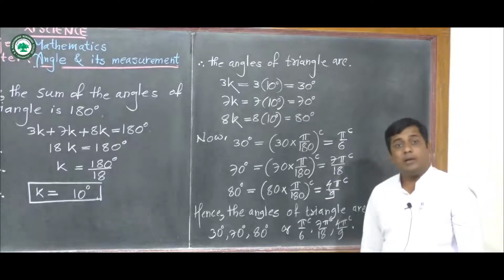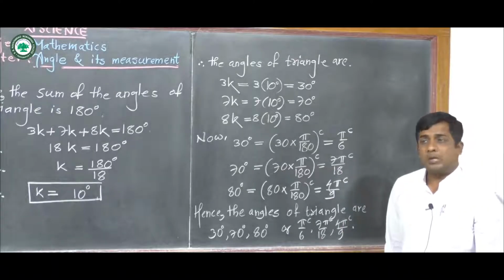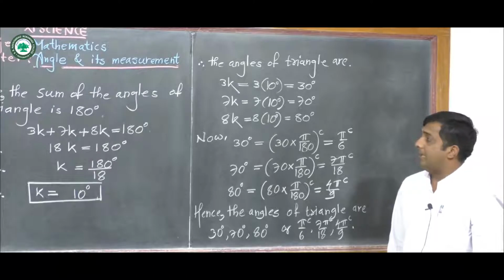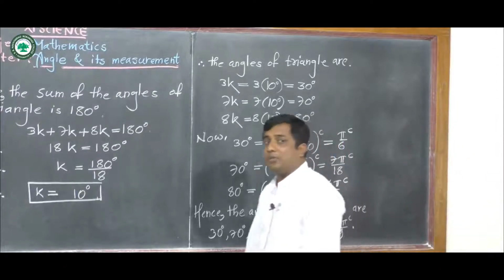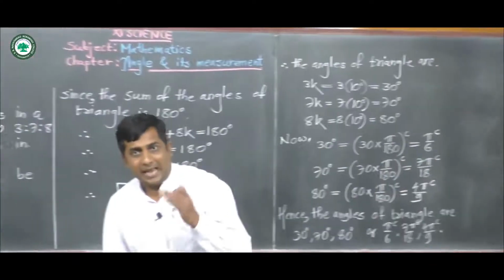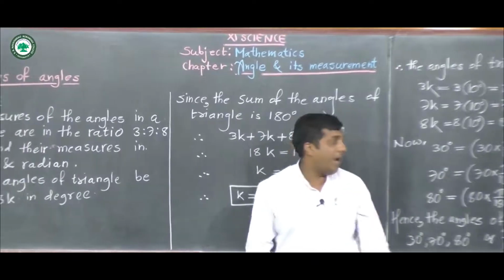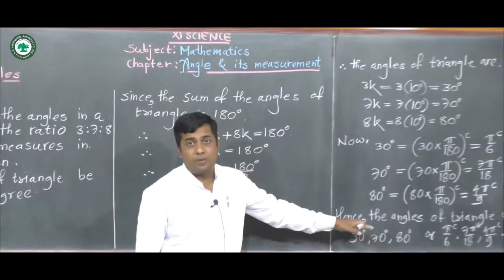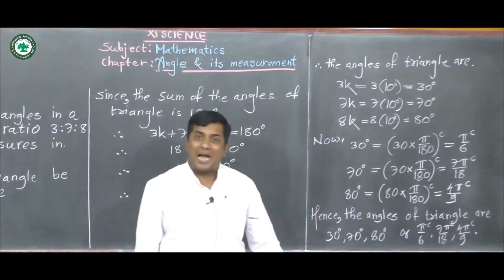And this is our final solution. Okay, so it is a very simple example. By using the concept of the angles of a triangle, we find the angles of the triangle.